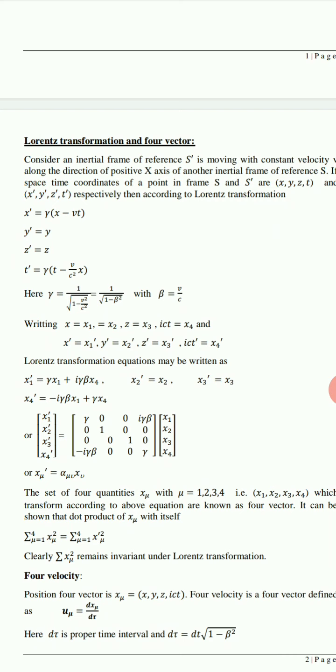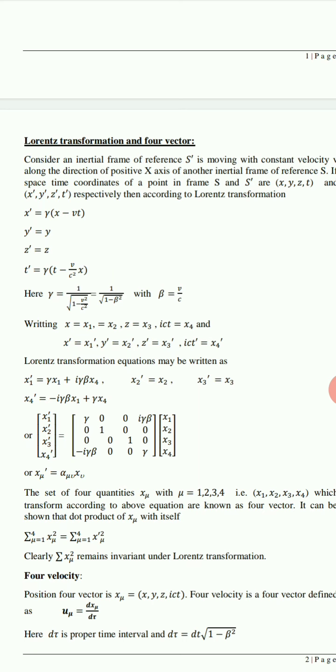For any point, we have space-time coordinates in frame S as x, y, z and t. 3 space coordinates x, y, z, and 4th time coordinate time t.